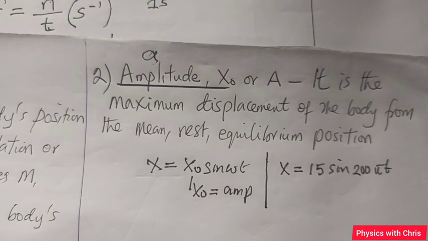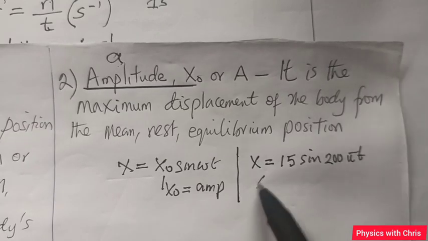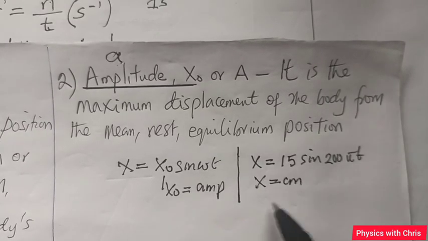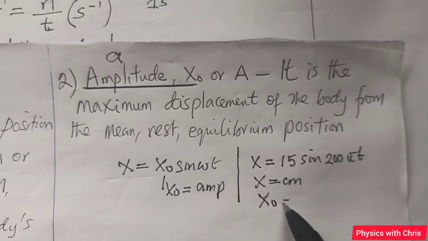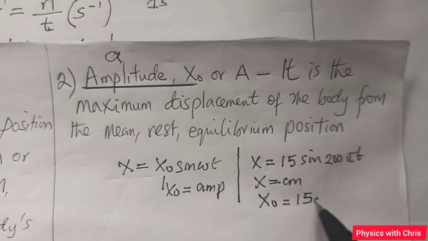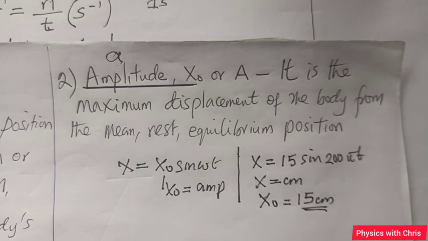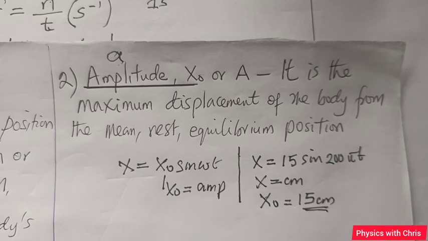For this equation, what is the amplitude? If x is given in centimeters, then the amplitude of oscillation x naught is simply 15 centimeters. That is the case where they give an equation that relates displacement and time. From that equation, you can determine the amplitude of oscillation.